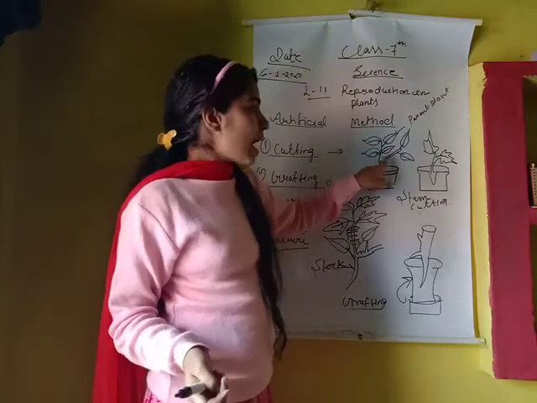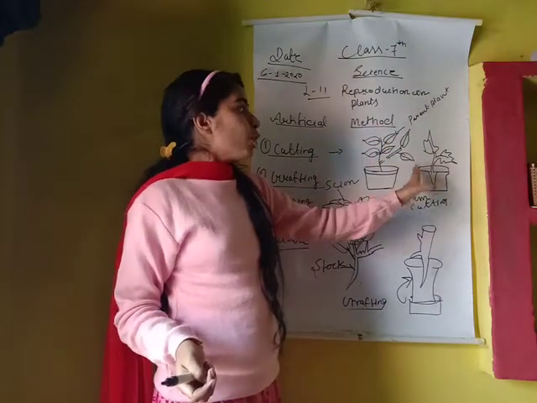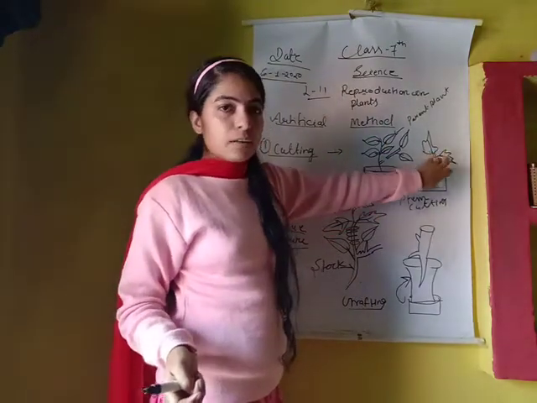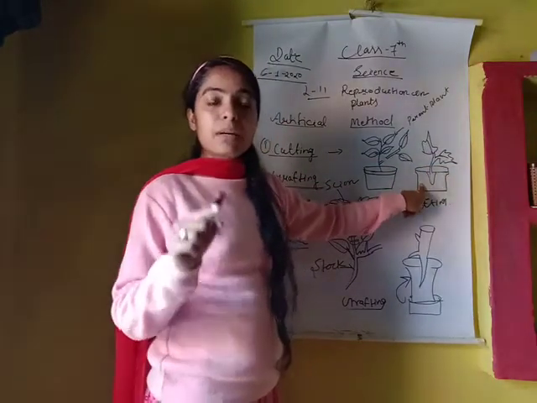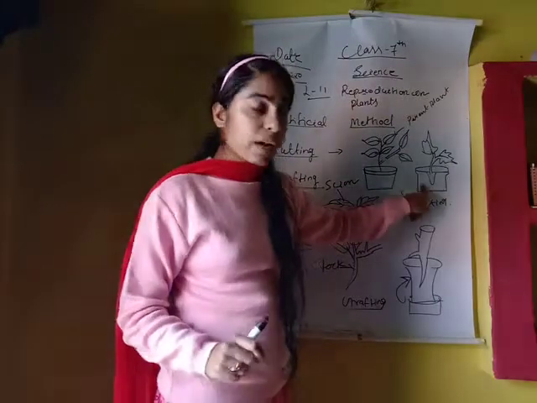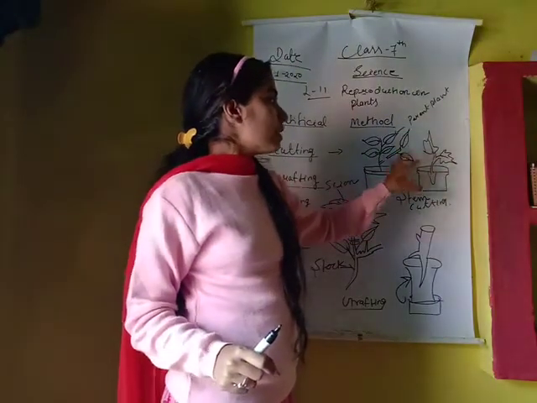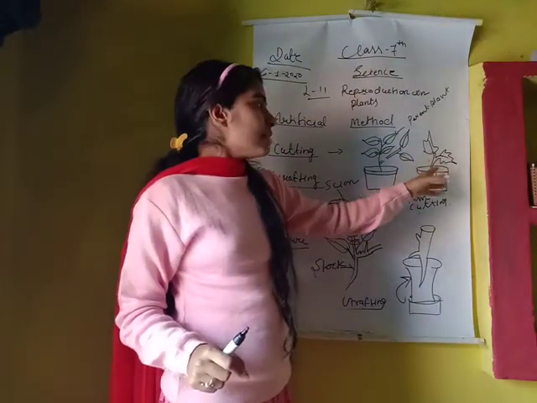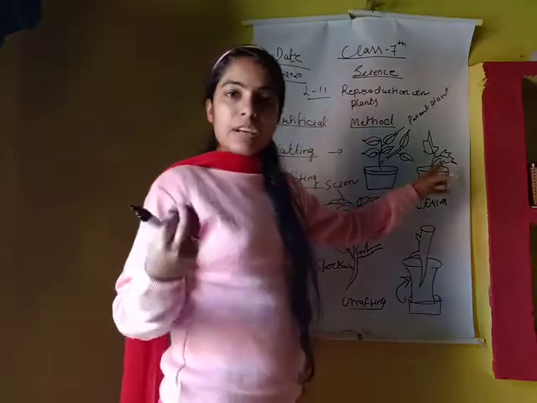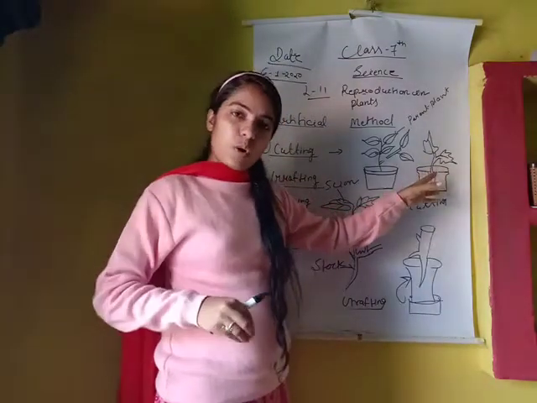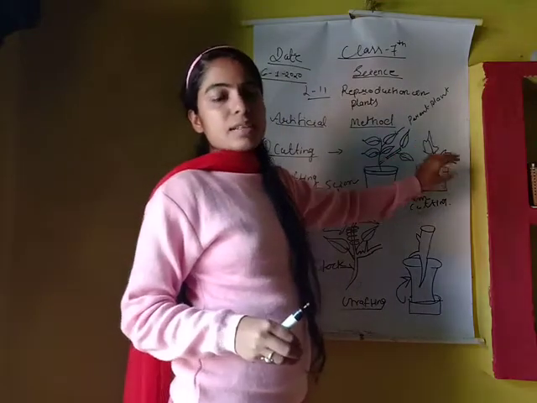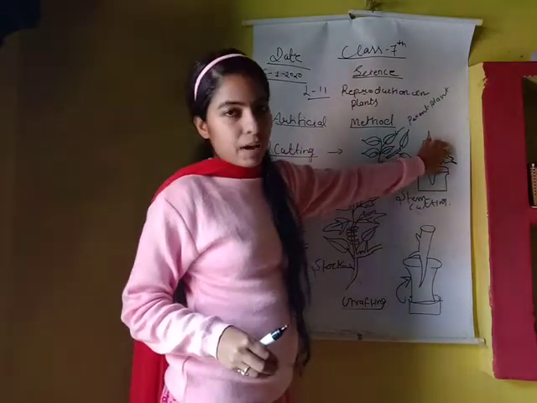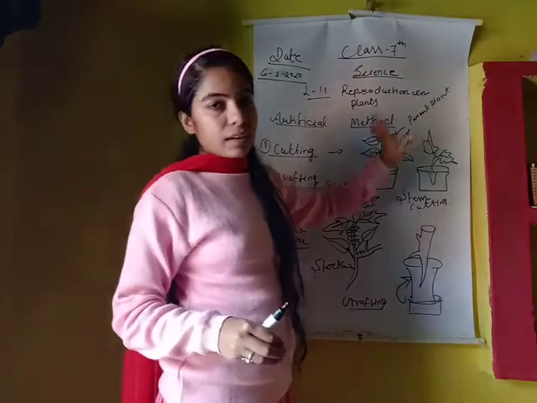This stem after cutting will grow in another pot or another soil, and here one thing you have to remember, the soil should be moist. After the stem grows in the soil, it will get the nutrient material from the moist soil, and according to the atmospheric conditions, it will grow and make a new plant. So this is known as the cutting process.